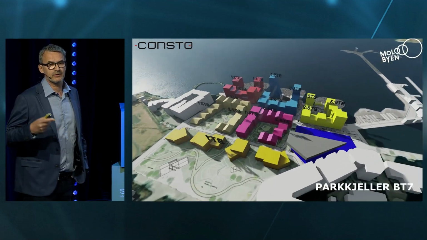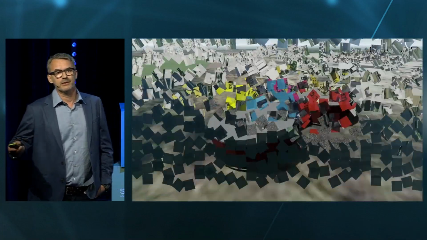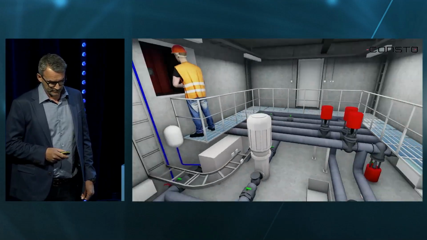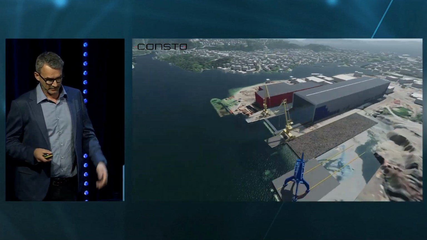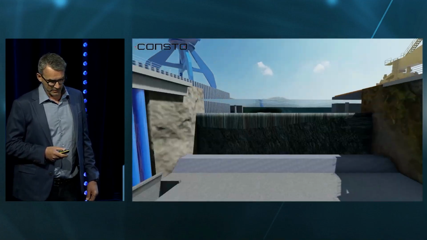This is a very powerful tool to show to the client or to the buyer or to the owner. You can actually see what he's getting. And you can see everything has been modeled, also in building, and you can see here different constructions.